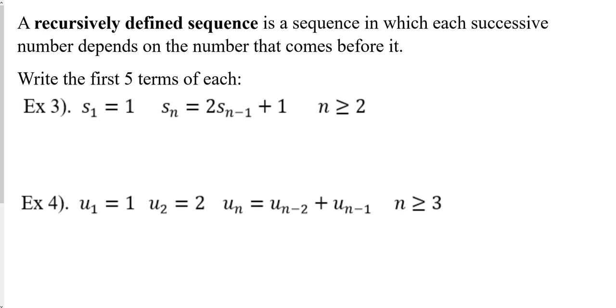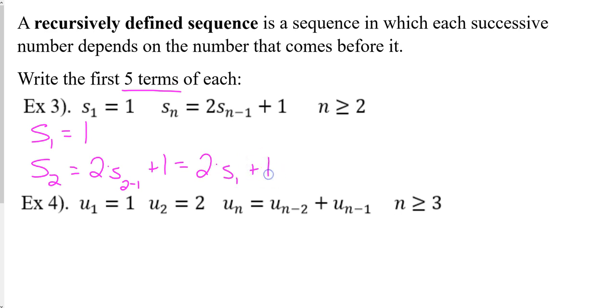So here we want to write the first 5 terms of each sequence. s sub 1, so the first term, they already give us is 1. s sub 2 is equal to 2 times s sub 2 minus 1 plus 1. Here you can see in the subscript, 2 minus 1 is 1. So this is saying 2 times s sub 1 plus 1.